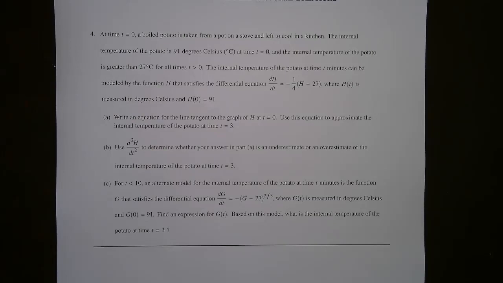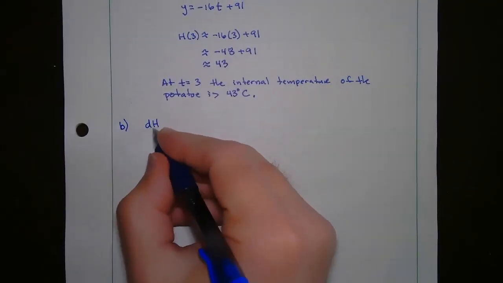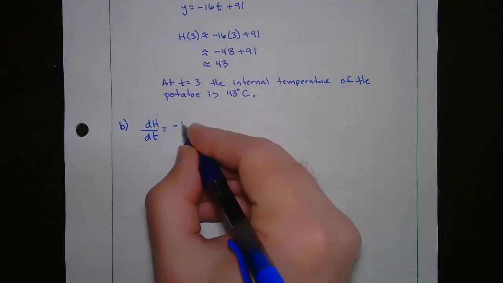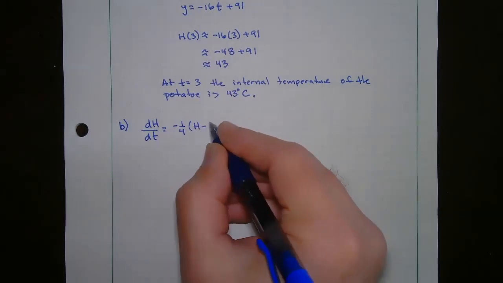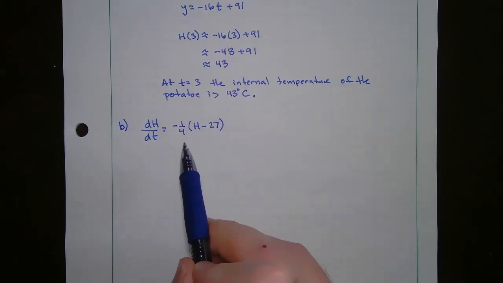So we got to determine the concavity of this, right? Okay, so first of all, let's just figure out what the second derivative is. Let's do that first. I'm going to go to my paper and we'll do that. So for part B, we know that the derivative dh over dt is equal to negative 1/4 times h minus 27. All right, so we need to take the derivative of this, right?